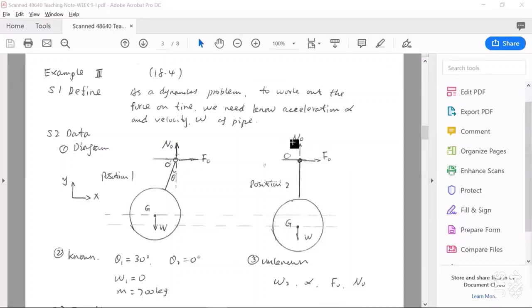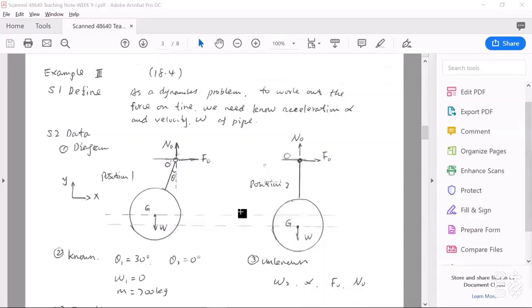You may remember when we solved a similar problem before using the kinetic equation of motion, we normally had an instant at which this rigid body, for example this pipe, is at rest, or we might be given the velocity of this rigid body at this instant.